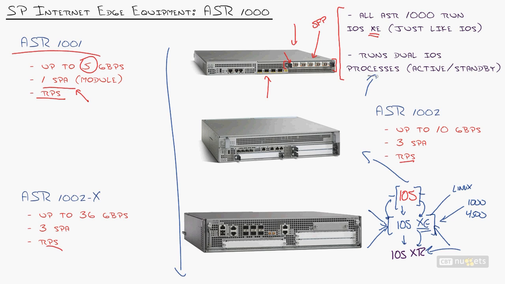These things also run dual IOS processes. A lot of times you'll hear it referred to as dual IOS. That doesn't mean that it's running different versions of IOS, or one's IOS and other's IOS XE, all that kind of stuff. What it does mean is that it runs an active and standby flavor of the IOS. Now on these guys, they have a single processor, single route processor.